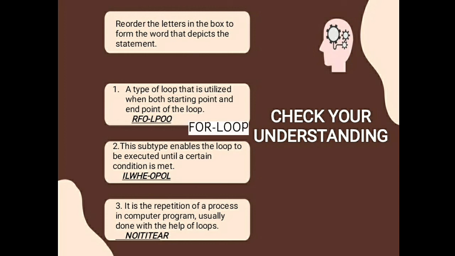Second, the subtype that enables the loop to be executed until a certain condition is met. The answer is while loop. Third, it is the repetition of a process in computer program usually done with the help of loops. It is iteration.